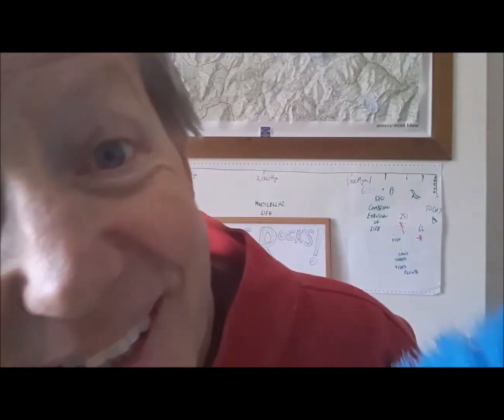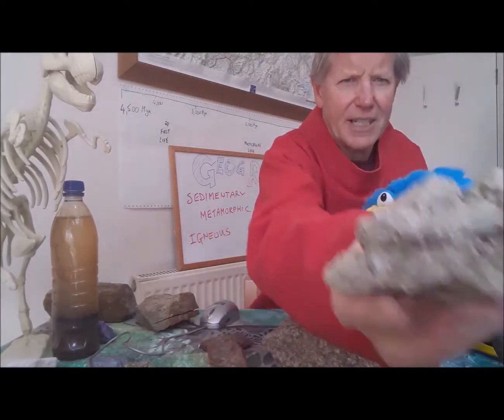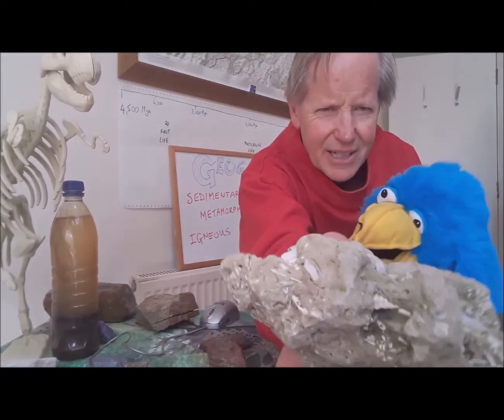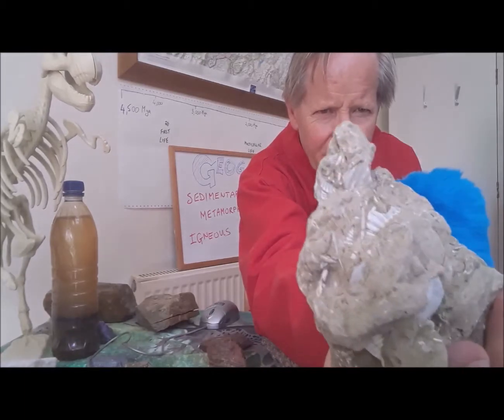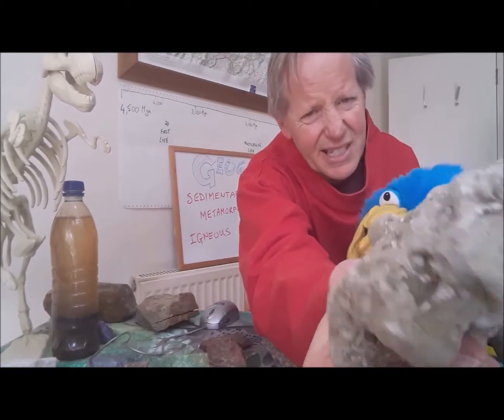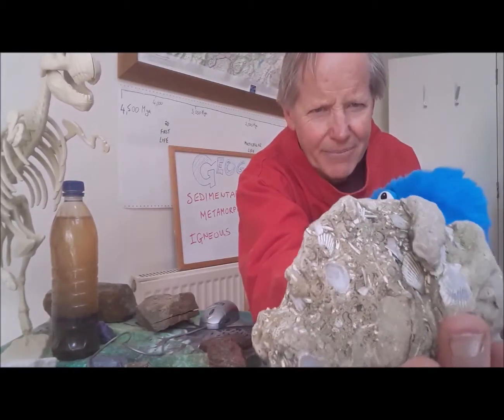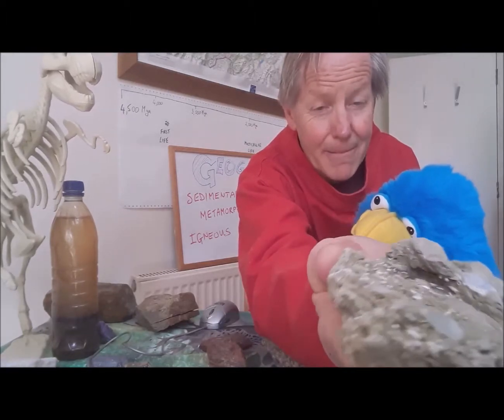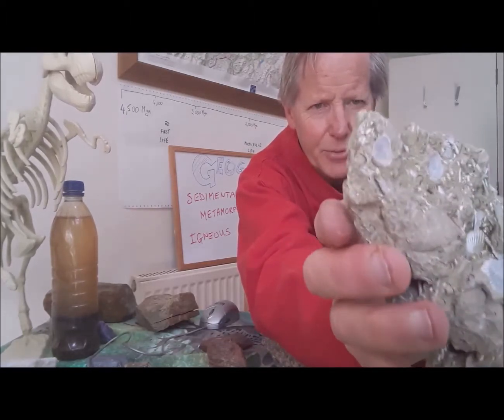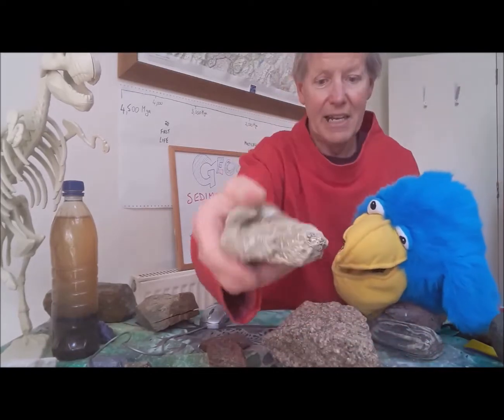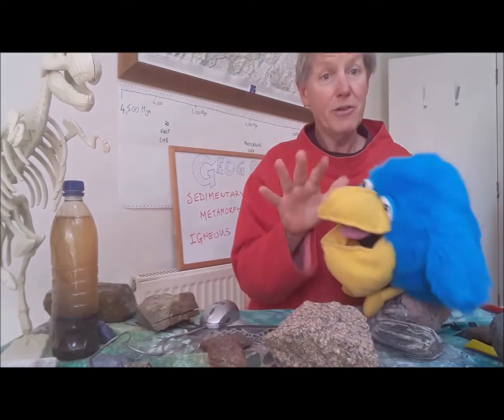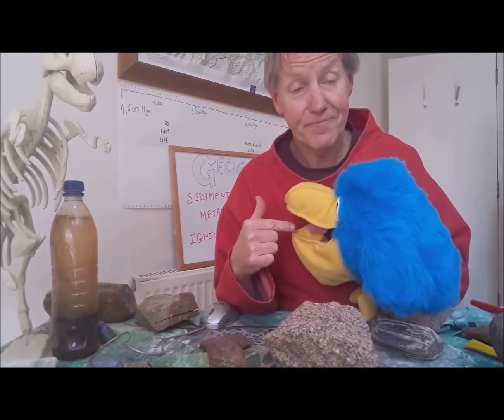This is about 1 million years old, and you can still see their shells in there, but over millions of years this will turn into a rock like limestone or chalk, and those are all sedimentary rocks.